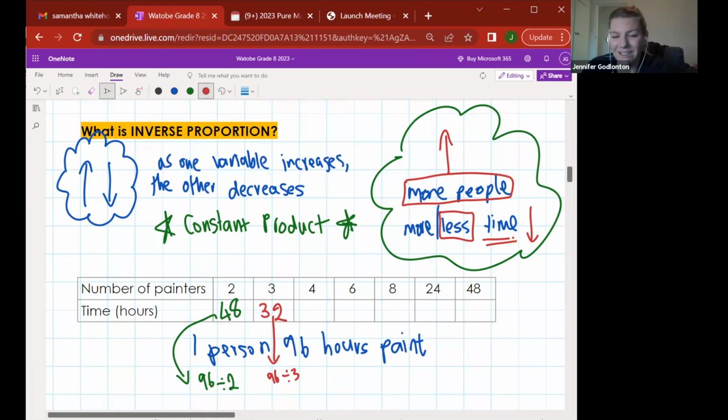This is coming along. Are we seeing some patterns? If I have 4 people, it's going to take 24. Keep it going, guys. What's going to happen if I have 6 people? Yes, glorious. What if I have 8 people?